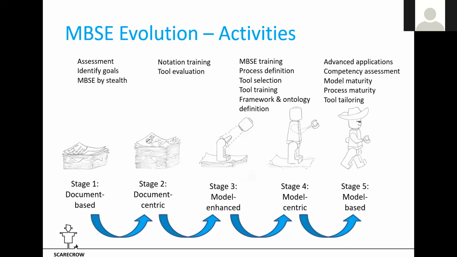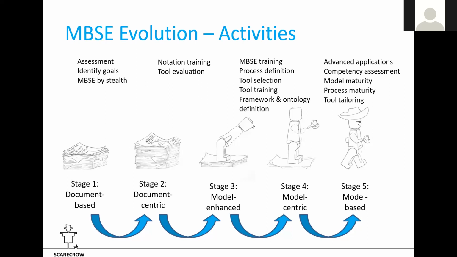So you're going to do notation training in the first 6 months. After 18 months, you're going to have a framework and have implemented variant modeling, whatever it is. We use all the worksheets to help an organization come up with this evolutionary plan for how they go from where they are to where they want to be.